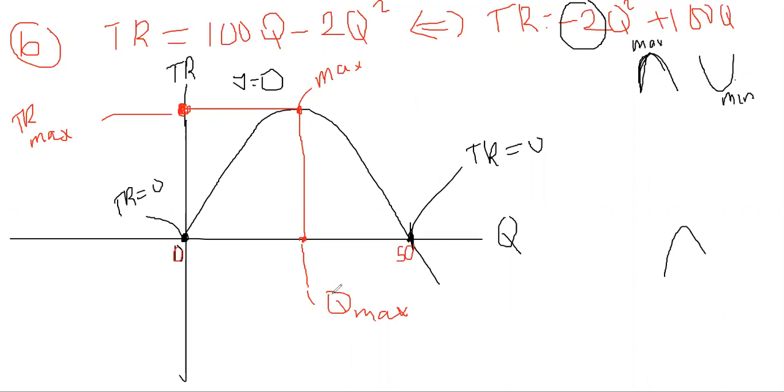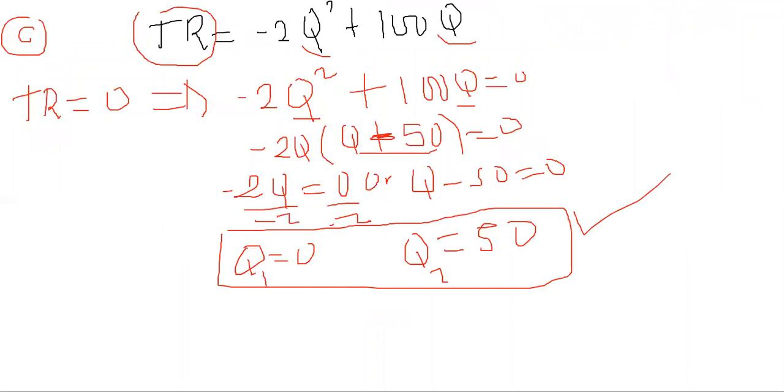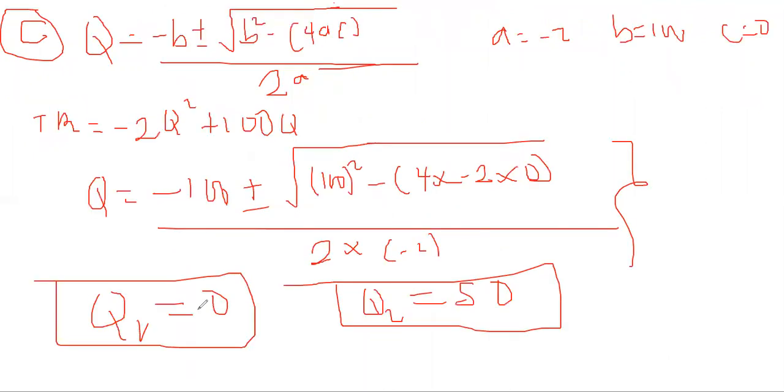All you need to do is take the quantities where total revenue is 0, and you just find the average of them.